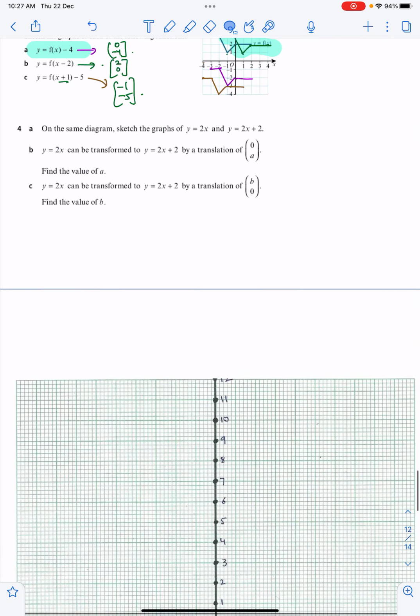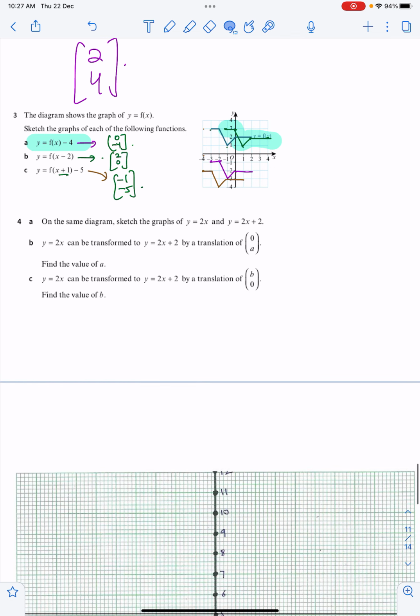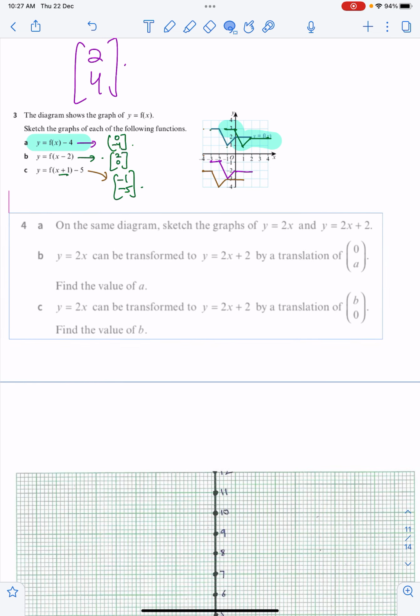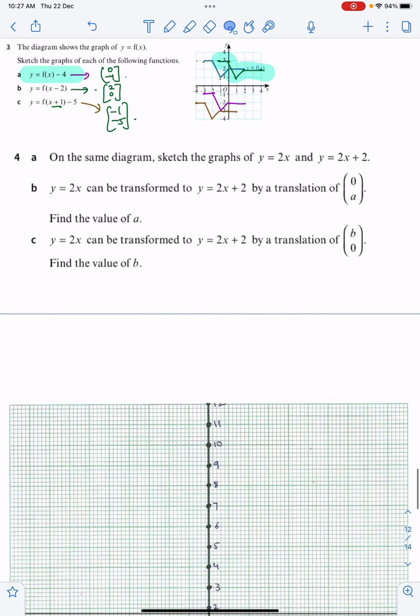Okay, so I'm starting with this question. On the same diagram, sketch the graph of y = 2x. Okay, y = 2x is going to be the graph.